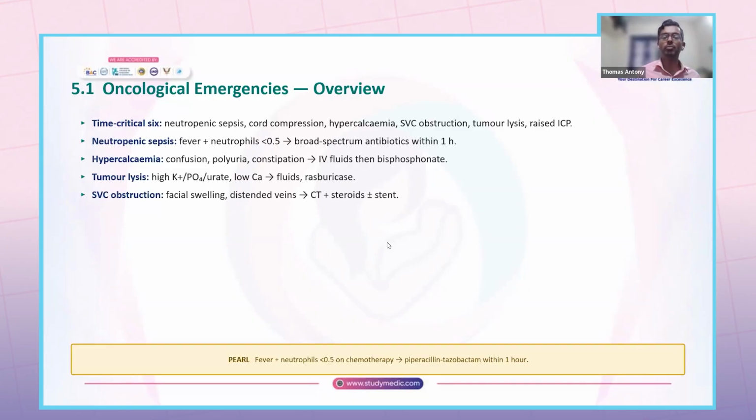Tumor lysis syndrome: we are looking at high potassium, phosphate, urea, low calcium; fluids and rasburicase. SVC obstruction: facial swelling, distended veins. Then chemotherapy with steroids with or without stenting.